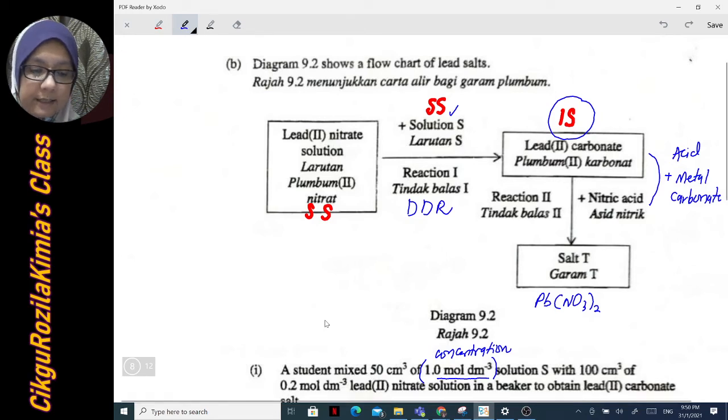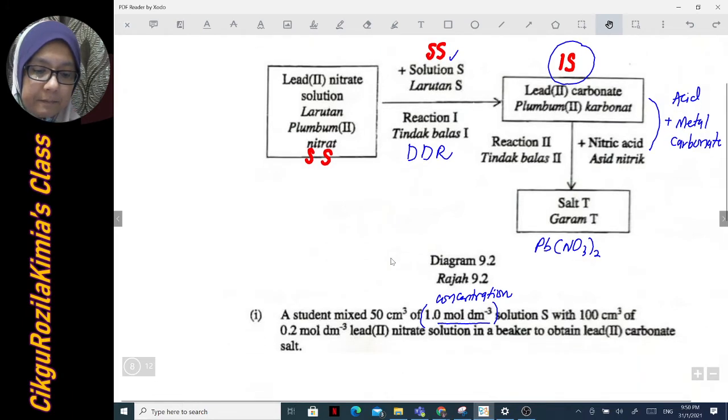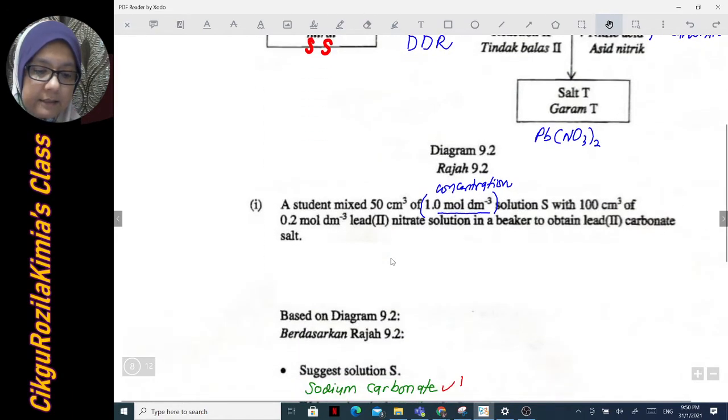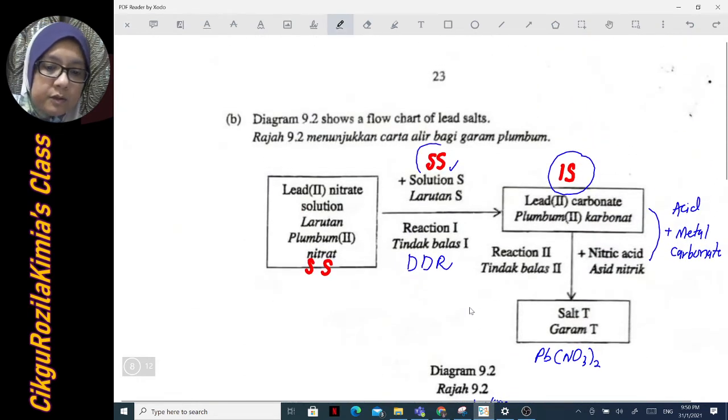Solution S is mixed with 100 cm³ of 0.2 mole per decimeter cube lead to nitrate solution in a beaker to obtain lead carbonate. So, ni double decomposition reaction tadilah. And then, dia tanya suggest solution S. So, tadi solution S tu kita kata soluble salt.